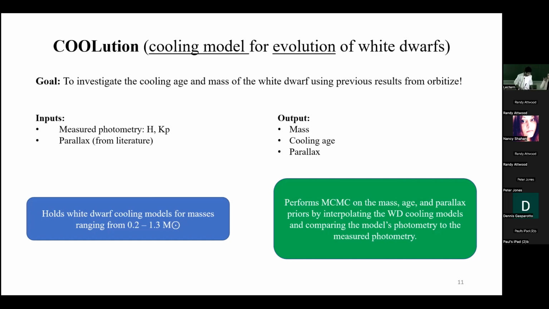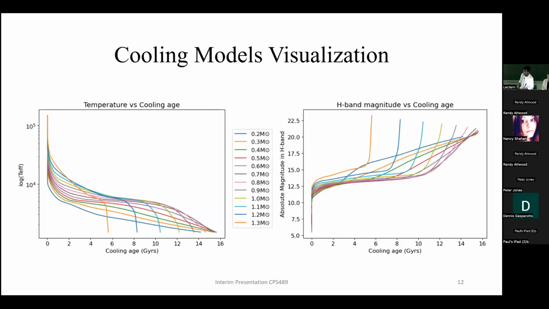of Colution. So for our cooling models, this is a little bit of a visualization so we can gain some context on them. Over here on the right, this is the H-band magnitude versus the cooling age, and all these different colors are for the different solar masses. As you can see, we have these ending closer to the left.